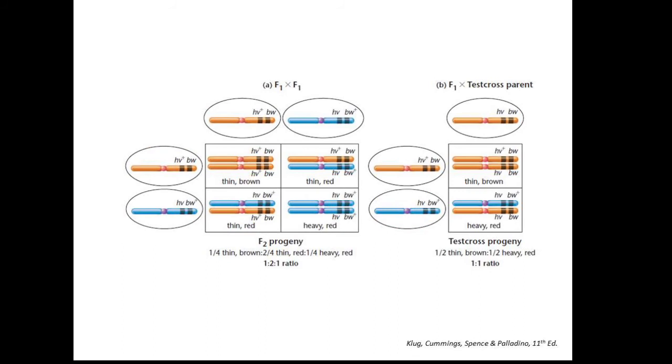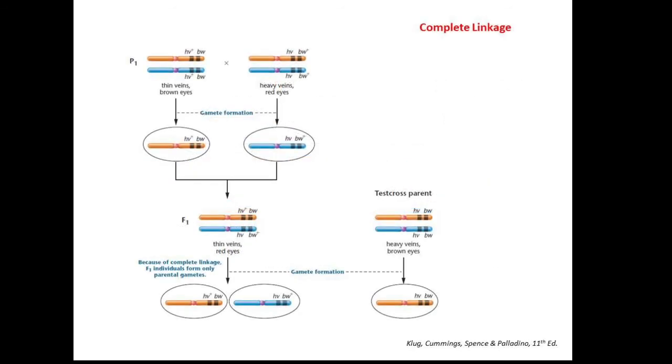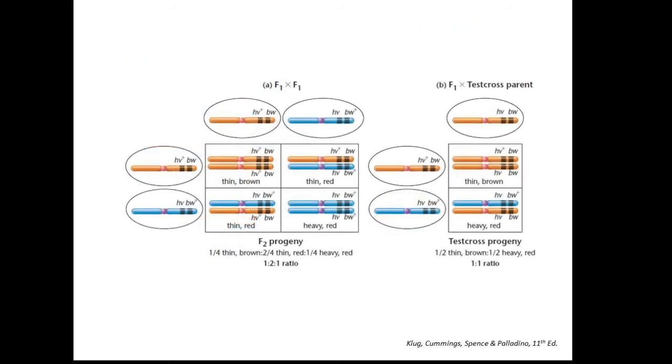So you have seen this kind of 2x2 table, where the different gametes formed in this picture are now arranged on two opposite sides, and these are the progeny. When F1 is selfed with F1, the F1 has two alleles, HB plus and BW, and HV BW.